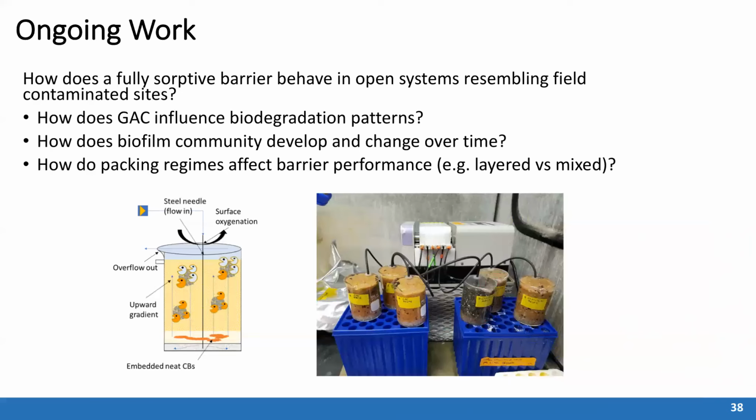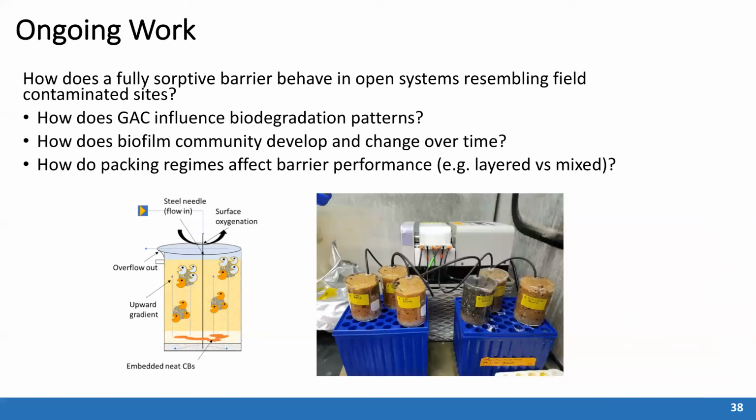And then it flows upward through sand that has chitin in it and granule activated carbon. So we can look at the carbon source coming from the chitin and the granule activated carbon absorbing some of the material. And then we'll bioaugment the systems, putting in both the anaerobic and aerobic cultures and relying on surface oxygenation for this.